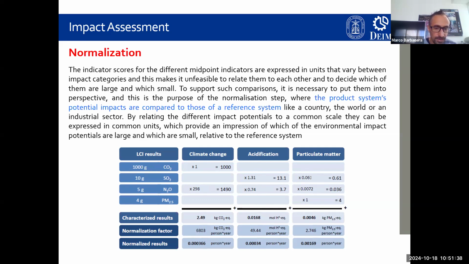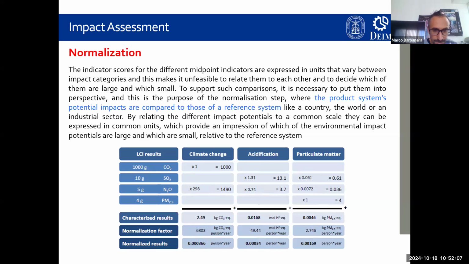In the table, you can see that in the previous step, we have calculated the characterized results, in particular, for example, 2.49 kilograms of CO2 equivalent, and also other results for the other two impact categories.